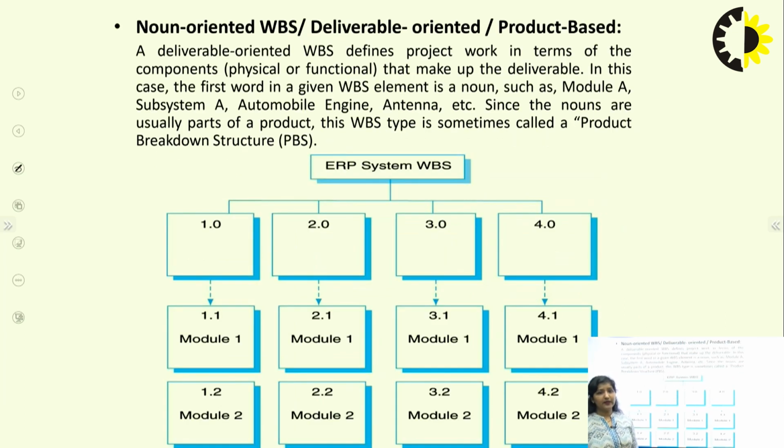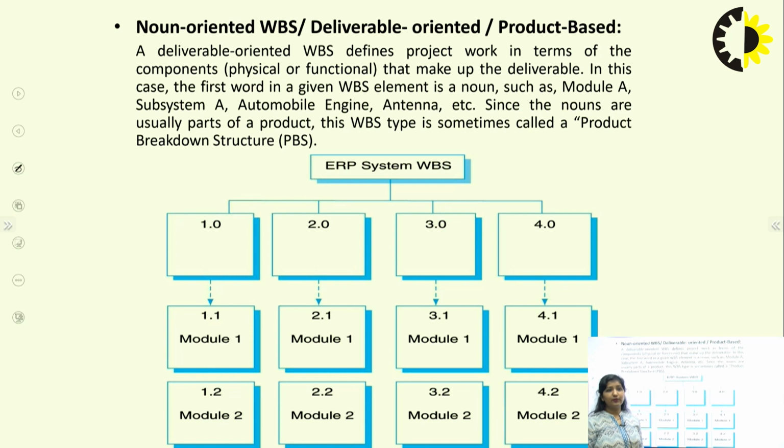The second one is the noun-oriented, or we can say the deliverable-oriented or product-based WBS. A deliverable-oriented WBS defines a project or work in terms of the components, physical or functional, so it is a noun that makes the deliverable. In this case we have module 1, module 2, and so on. These are the names of the modules which we are going to develop.